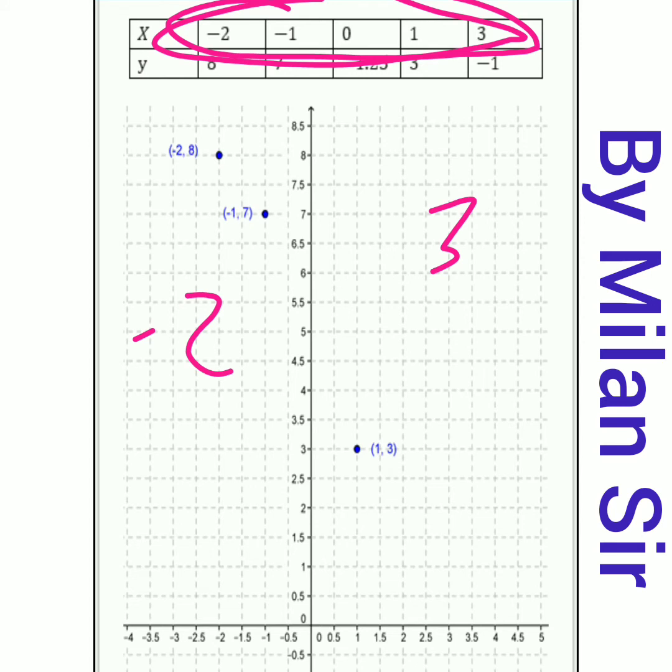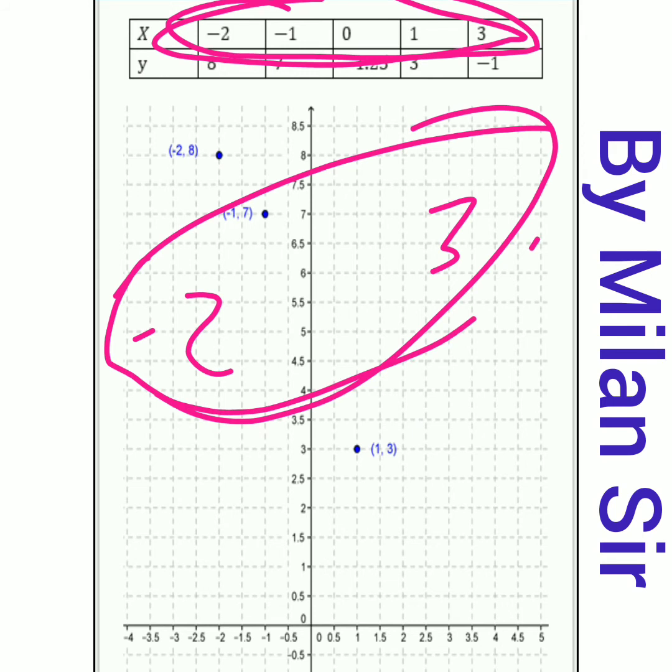Minus 2 is the minimum value and 3 is the maximum value. So we need to cover both of these values. We need to take a scale on the x-axis so that it can cover both these points. That means our minimum point and maximum point we want on the x-axis. Then the remaining points we can locate on the x-axis. So first we need to check for the maximum and minimum point, minus 2 and 3.